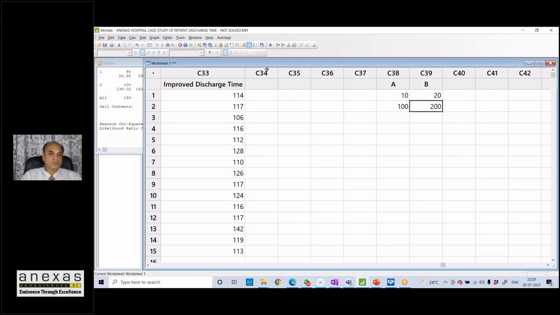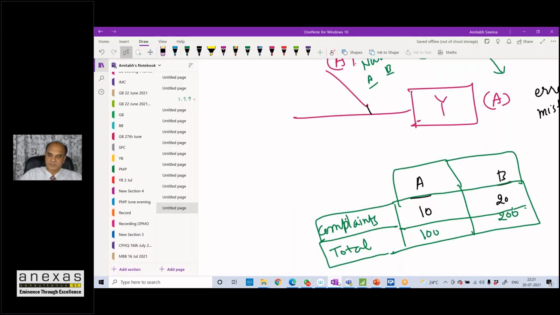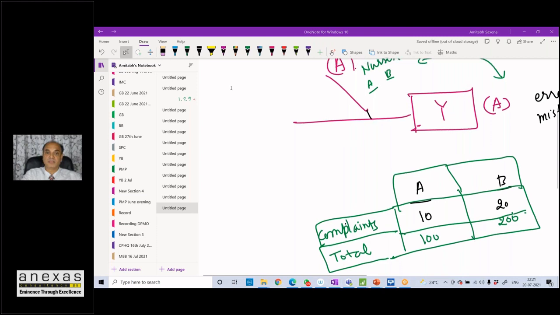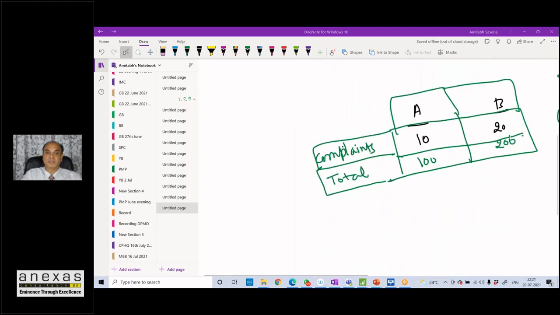Let us say the null hypothesis is both nurses are same, meaning there is no difference, or there is no relationship between nurses and complaints. Meaning nurses are not the root cause.